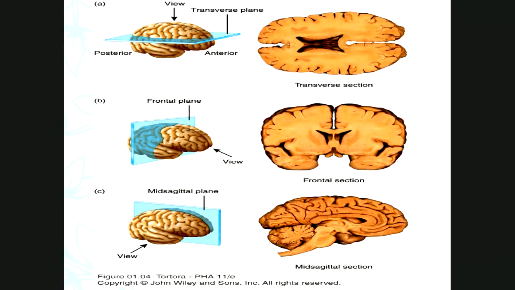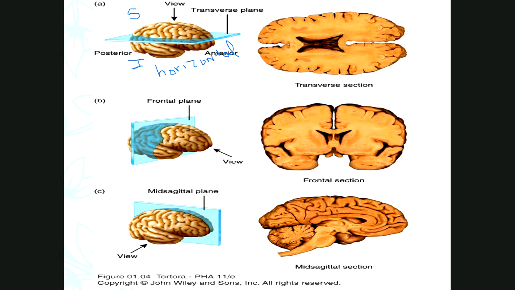So let's look at the divisions of the brain here. Transverse plane, remember, it divides the organ or the human body into a superior and inferior, right? And this is also called a horizontal plane. Sorry, it's hard to draw with this.